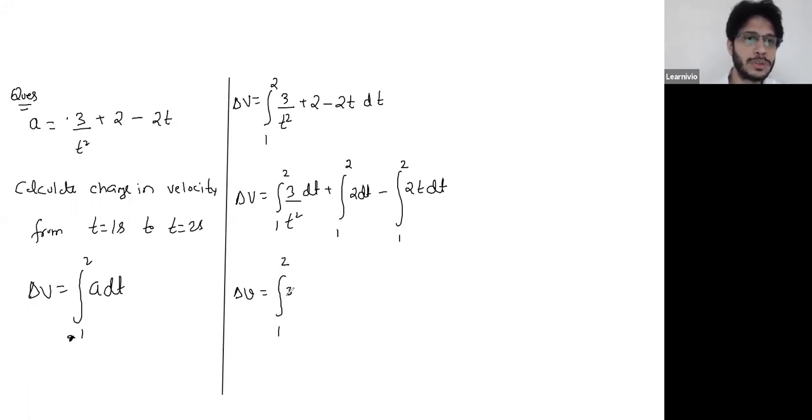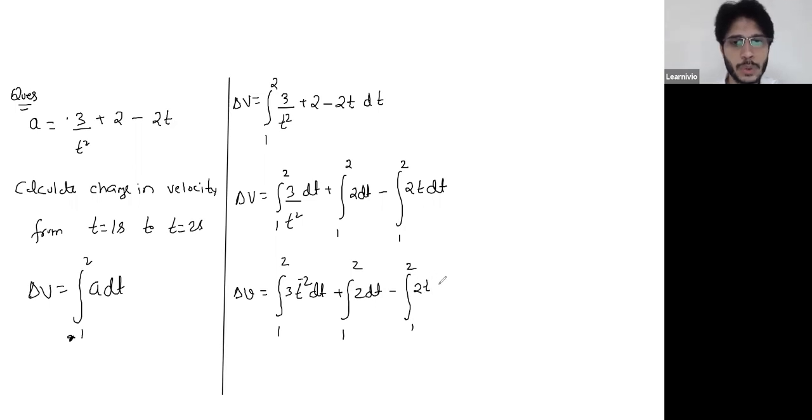the integral from 1 to 2 of 3 times 1 by t square, which can be written as t to the power minus 2 dt, plus the integral from 1 to 2 of 2 dt, minus the integral from 1 to 2 of 2t dt. Sania, your final answer. You can take this 3 outside, it's a constant.